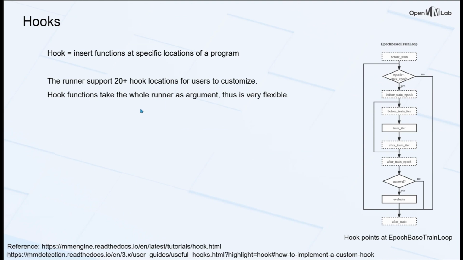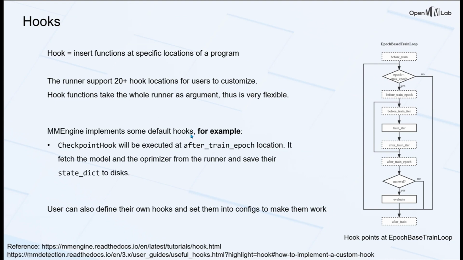Engine already implements some default hooks. For example, the checkpoint hook we have seen in the runtime config will be executed at the after train epoch location, which is the end of every training epoch, as shown in this figure.